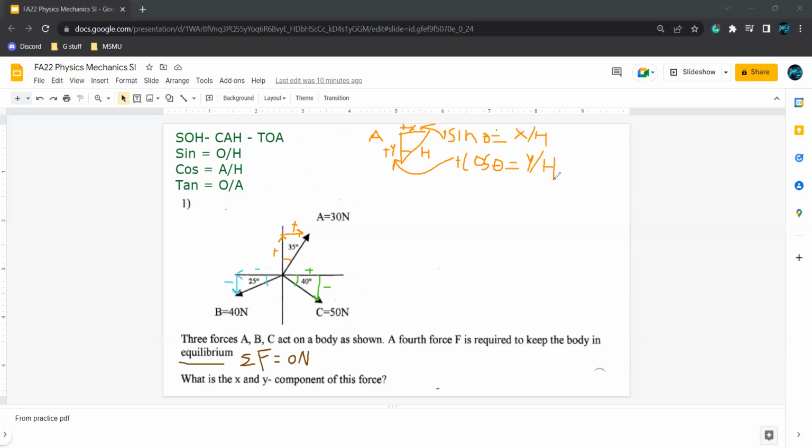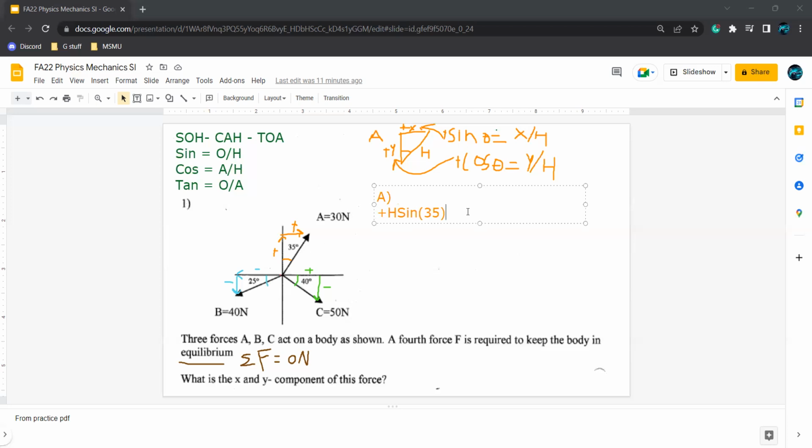Right? So that means for A, if you multiply the hypotenuse on both sides, where the hypotenuse is the vector force, I'm just gonna put two parentheses for the angle. Oh, I can put the angle in there. 35.